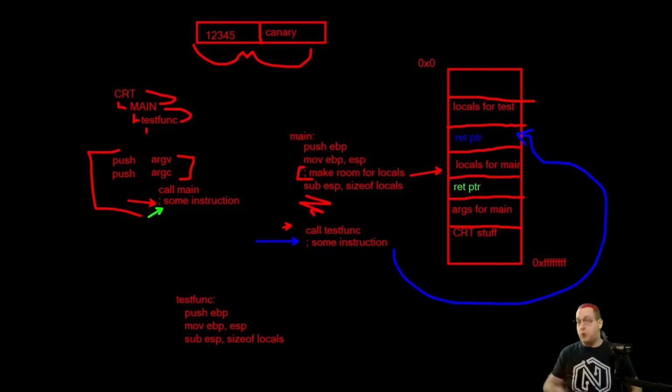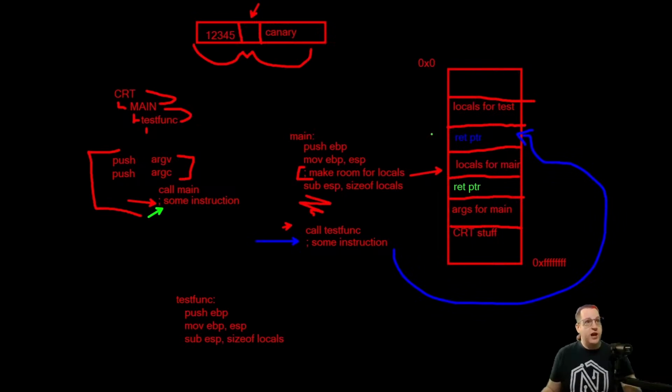But that's not actually going to be the case. Because this is not an even multiple of our address size, our word size, the C runtime is actually going to put some padding in between. So because this is not an even multiple, we're going to have 3 bytes of padding here. So we'll have those 5 bytes of our character array, 3 bytes of padding, and then that canary, making a total of 12 bytes.